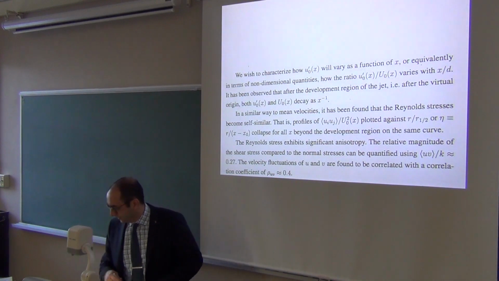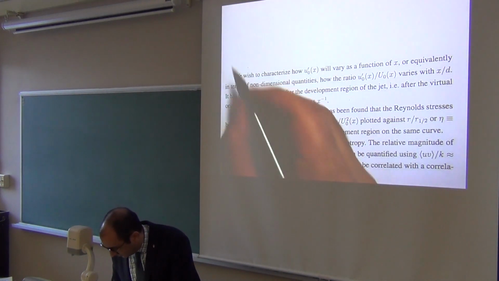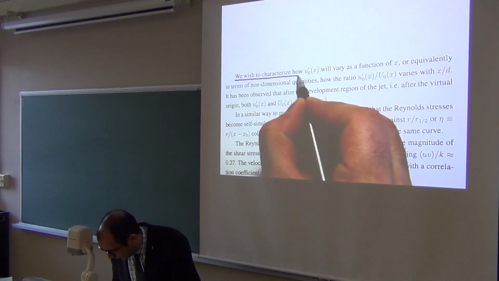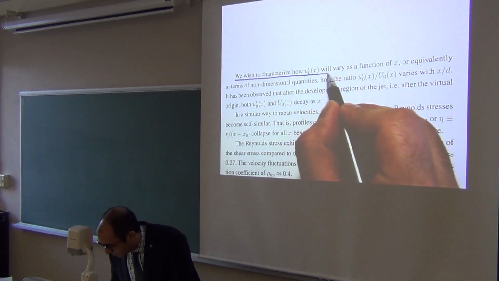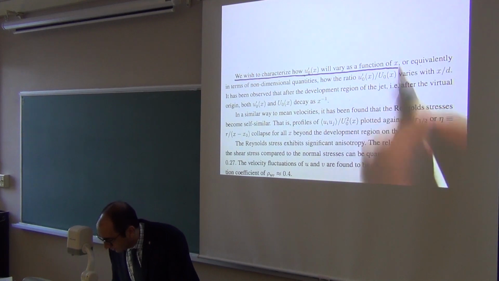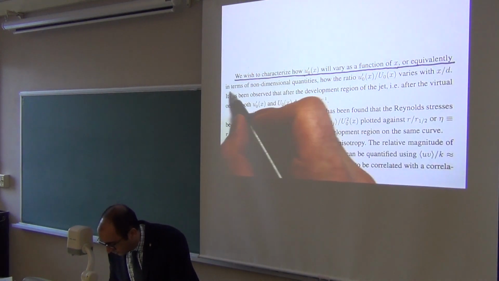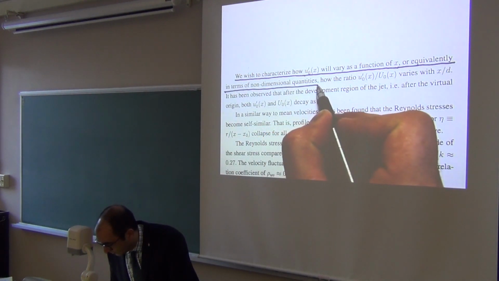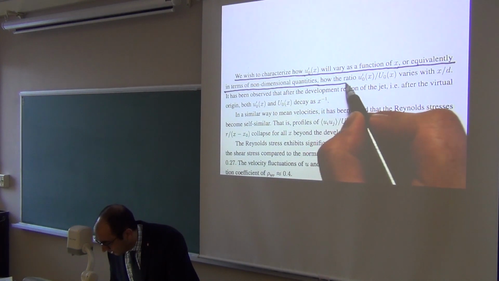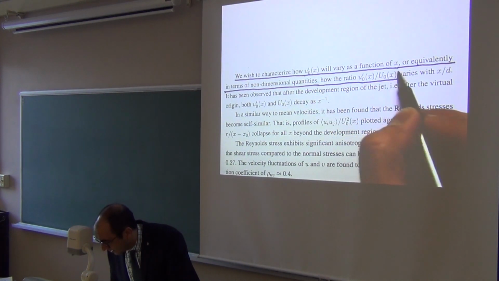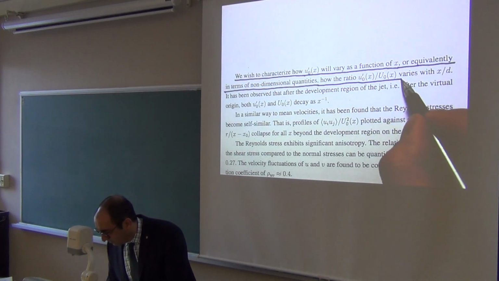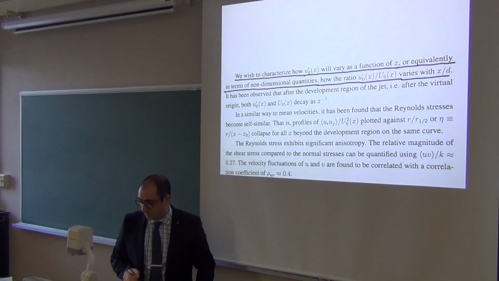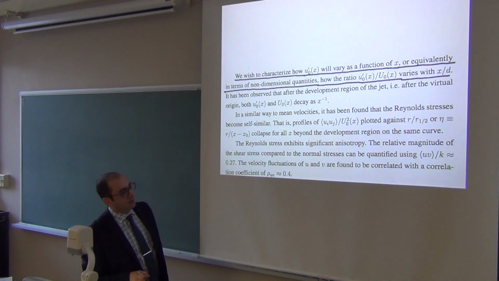So now this is new material on this page. We wish to characterize how this standard deviation or fluctuation will vary as a function of x, or equivalently in terms of the non-dimensional quantities, how the ratio of this fluctuation with respect to the mean axial velocity varies with non-dimensional distance downstream of the jet.